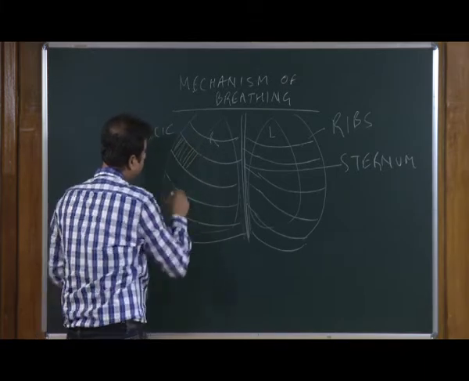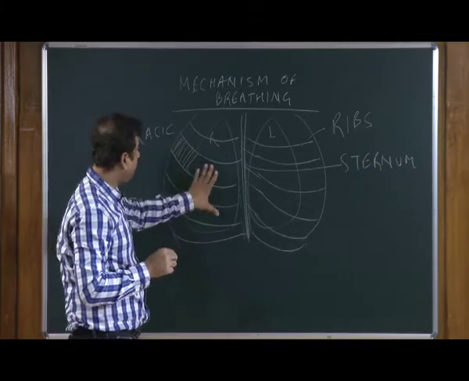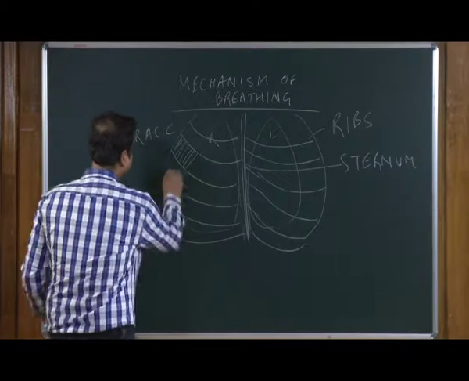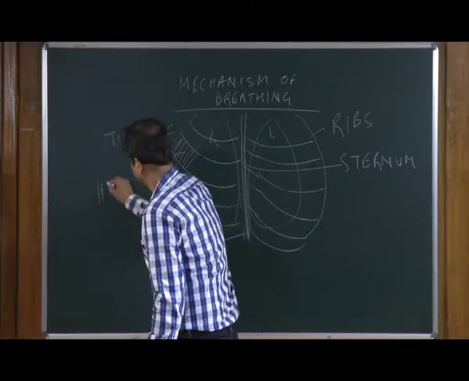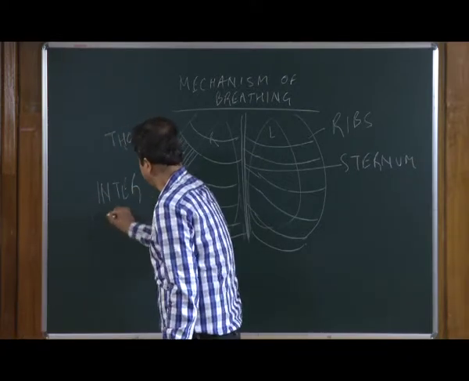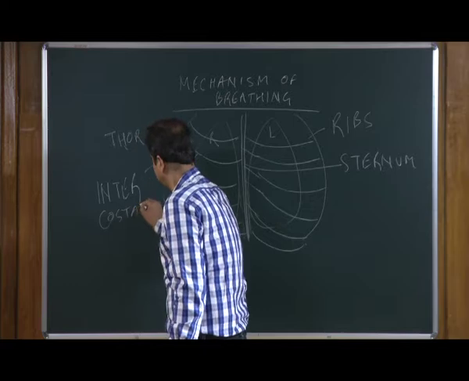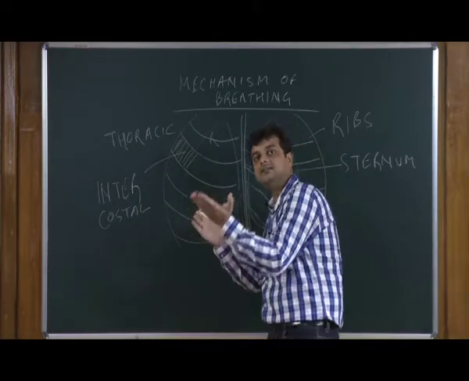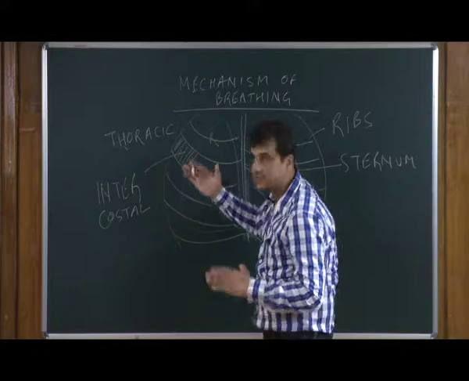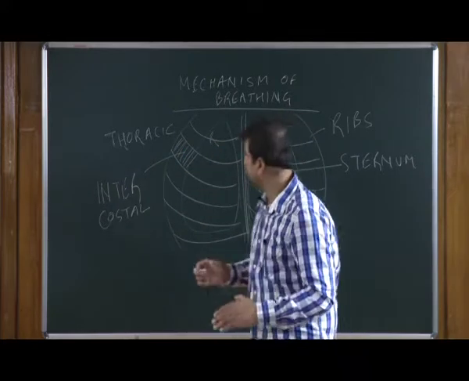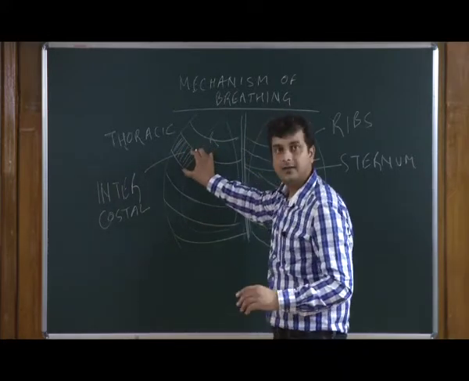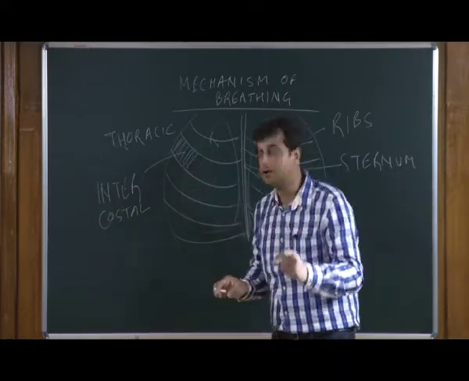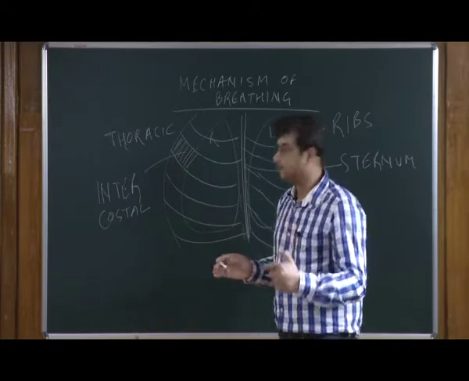Now, we need to understand this in the context of the breathing mechanism. This muscle is called the intercostal muscle. In nomenclature, there are external intercostal muscles and internal intercostal muscles. External is outside, internal is inside. So, these muscles are very, very important in order to do breathing.